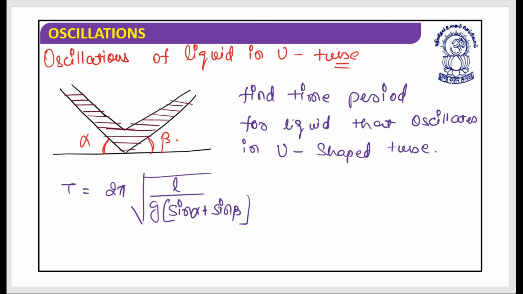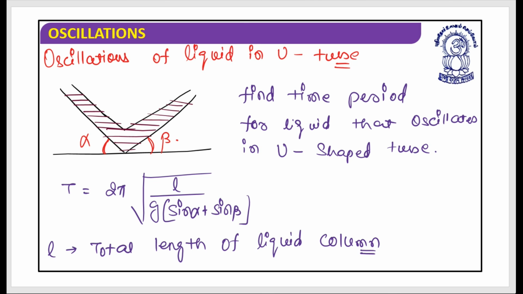This is the time period, where L is the total length of the liquid column. The time period of this could be given as 2 pi under root of L divided by g into bracket sine alpha plus sine beta.